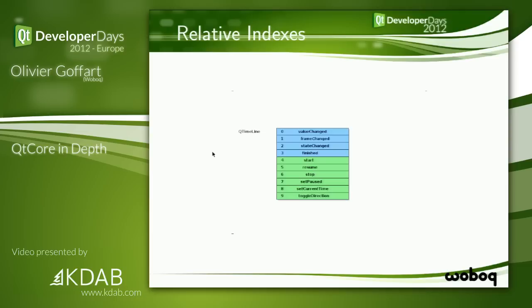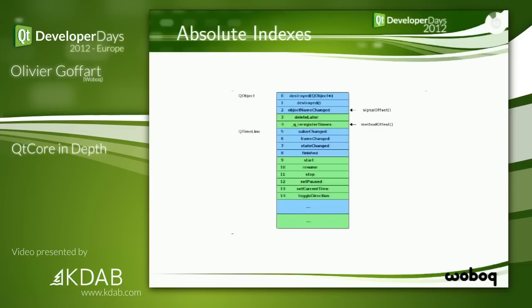But those are relative indexes. When you take an instance of QTimeLine, it inherits from QObject, and QObject has some signals and slots too. So then the absolute indexes for the methods, we just add some offsets to them, the method offsets. And those absolute indexes are the ones you can see from the public API if you call QMetaObject::indexOfSignal or indexOfSlot.